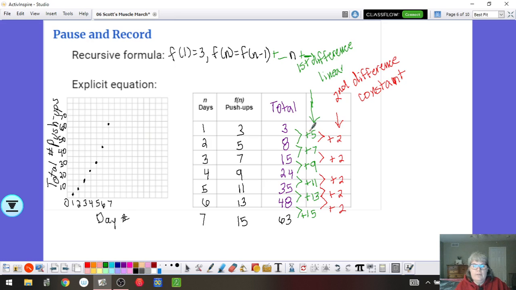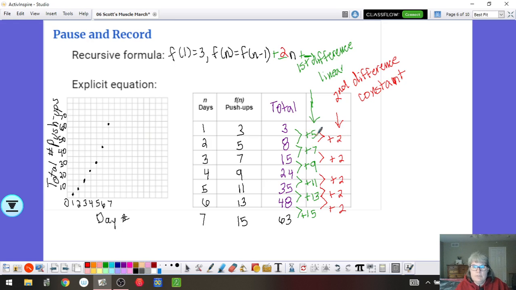We know that the constant difference of this pattern of numbers 5, 7, 9, 11, 13 is 2. So we place the 2 in front of the n. That's your rate of change, that's your slope. But now I need to find out what am I doing to the 2n, and remember n is the day number, to get my linear difference.